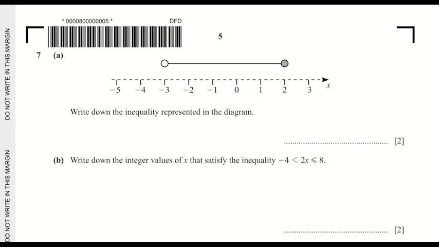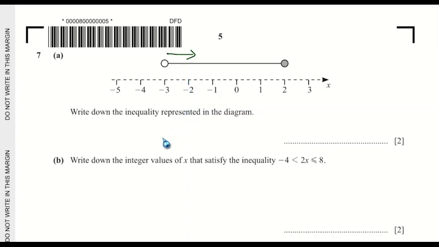This is question 7a. Write down the inequality represented in the diagram. For this one, it's going towards this direction, and the circle is not shaded. That means you need all the values greater than -3. So that is the implication.